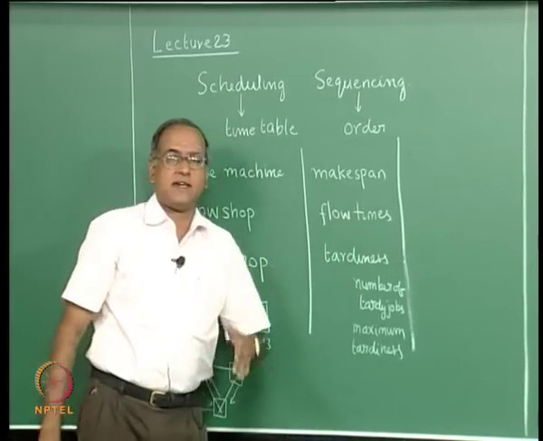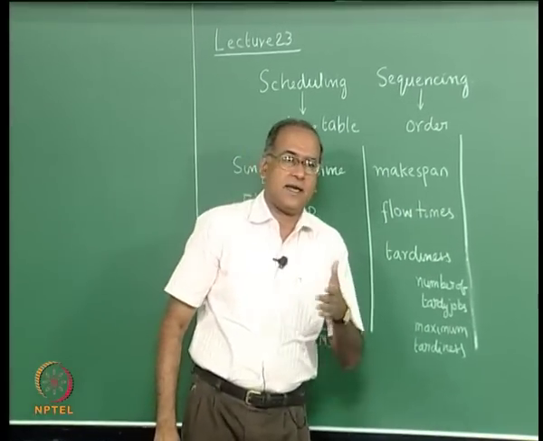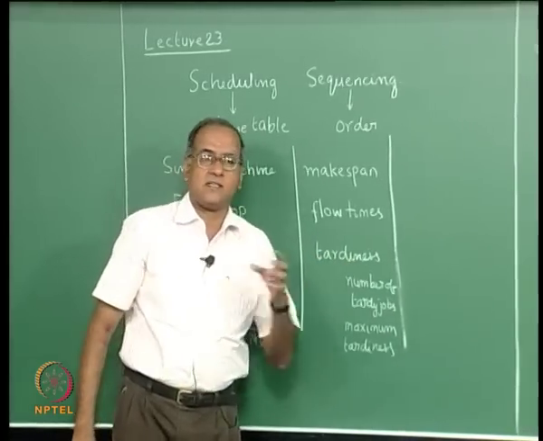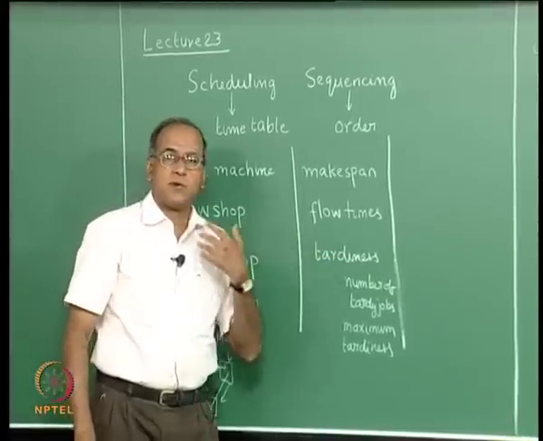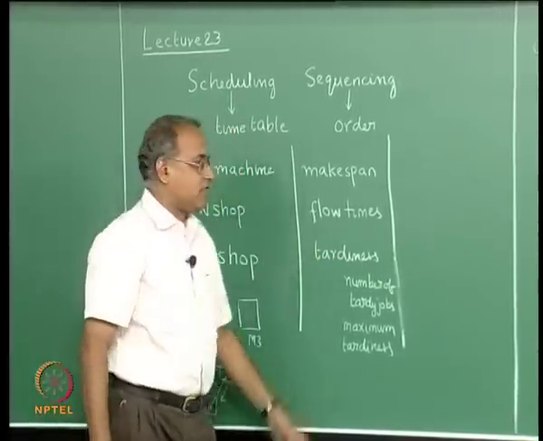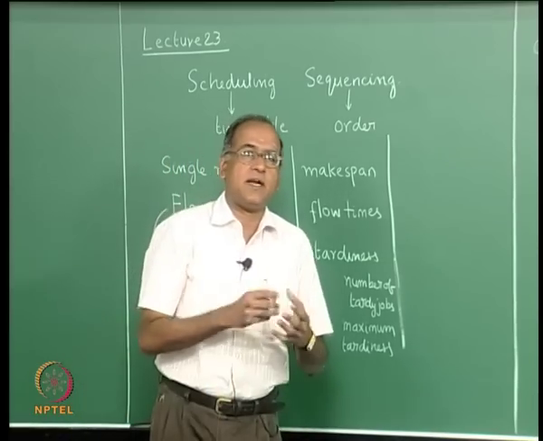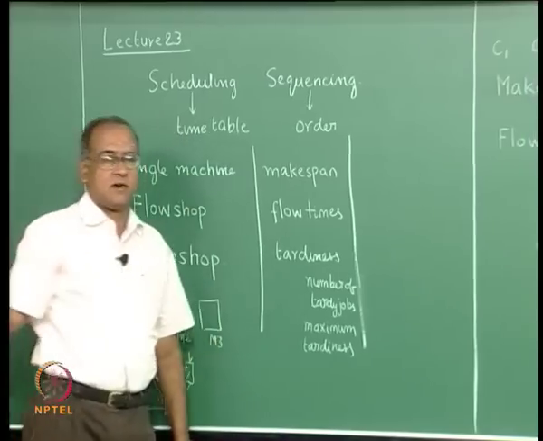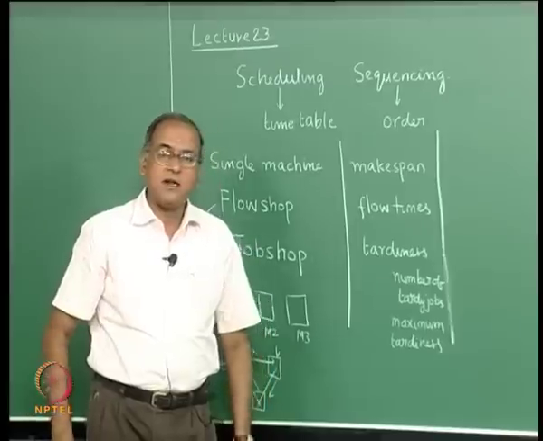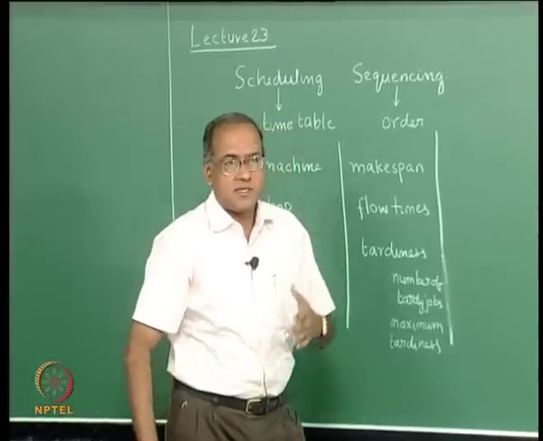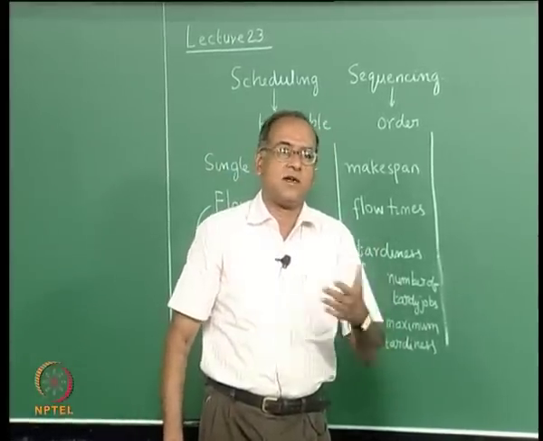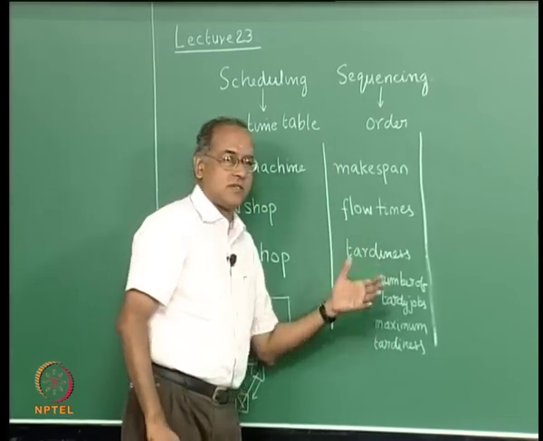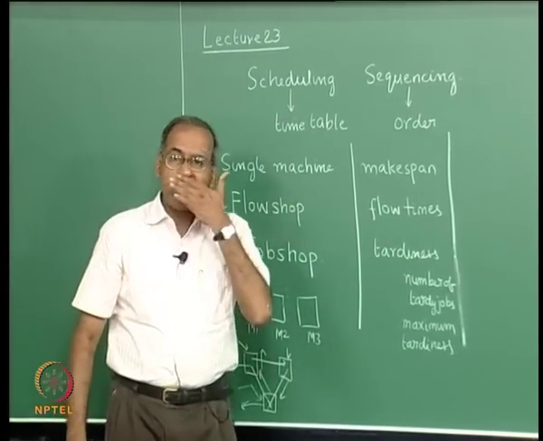Now, tardiness and its associated objectives are external to the organization. So, tardiness is essentially concerned with meeting the customer due dates, and if there is tardiness, then we are not meeting the due date specified by the customer. So, tardiness is an external measure as far as sequencing and scheduling is concerned, and with modern day manufacturing concerned more and more with the customer and being able to satisfy the customer's needs and importance, external objectives now become far more important than internal objectives.